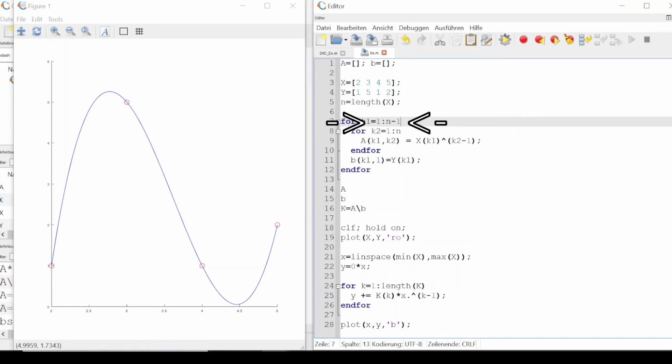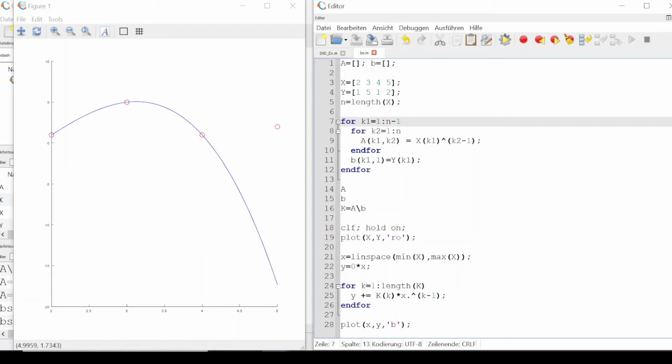Maybe you did not want to, but you typed in n-1 instead of n. Then A will have 1 row less, and we have an overdetermined system. Let's check what will happen and what is happening. The last point, x is 5 and y is 2, is forgotten.